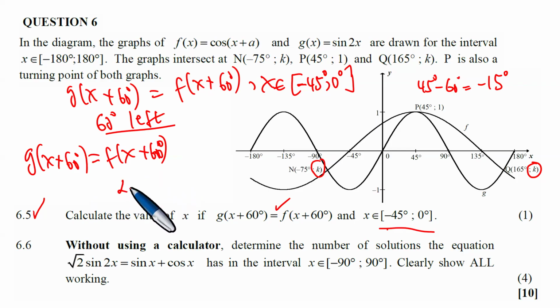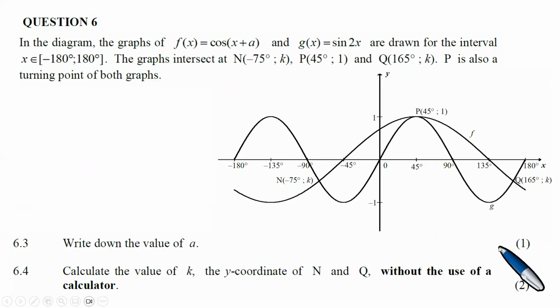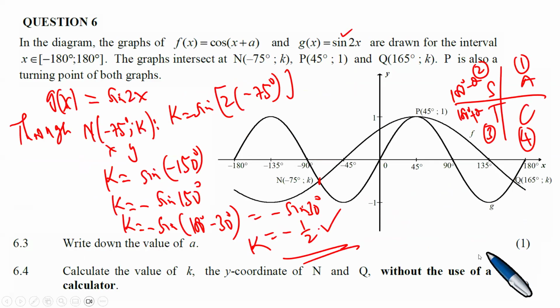Yeah, we got K to be minus 1/2. We did it here. We got K to be minus 1/2, and we did it over here.